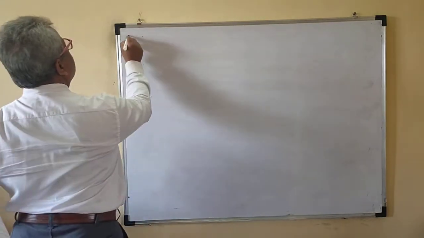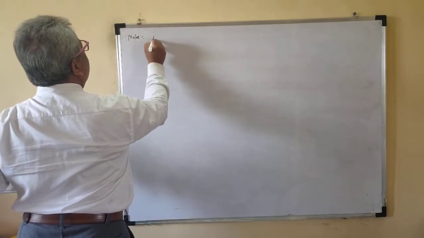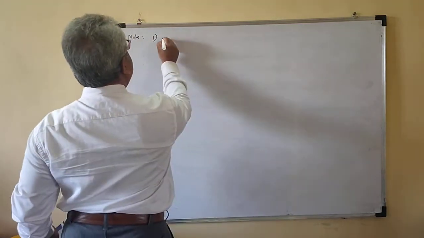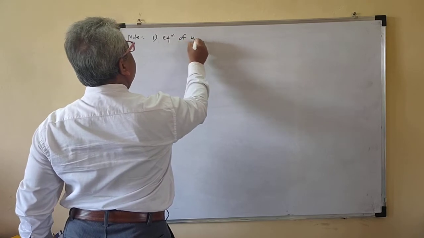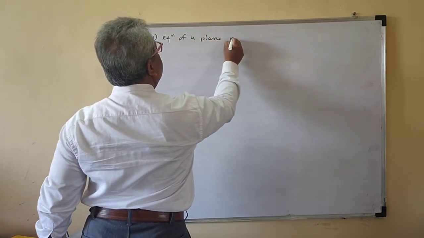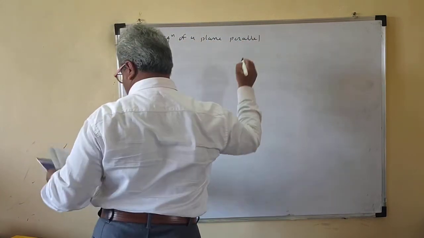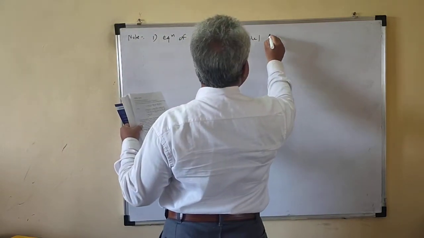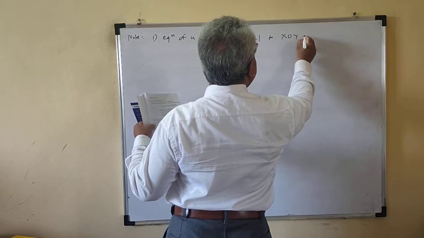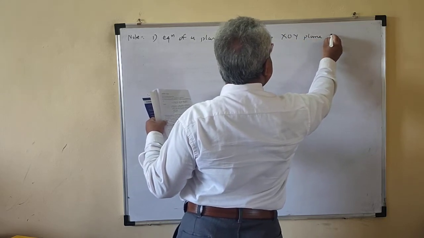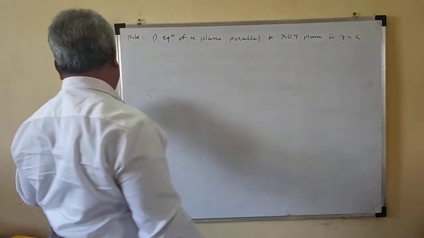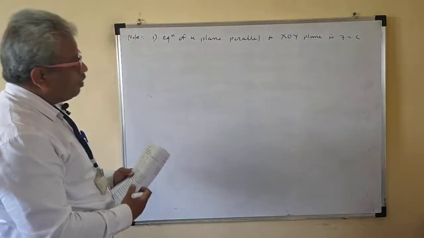We write note 1. Equation of a plane parallel to XOY plane is z is equal to c, plus or minus c, whatever it is.